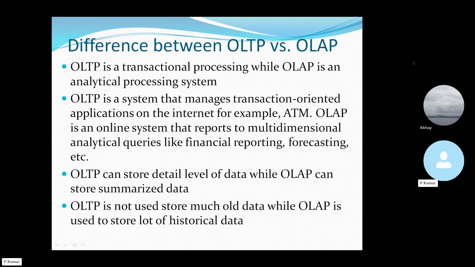Even OLTP is not used for much older data, but an OLAP system is used to store a lot of historical data, like 10-year or 20-year data. If you want, you can have it in OLAP, but in OLTP it is very rare. It has no use for historical purposes.